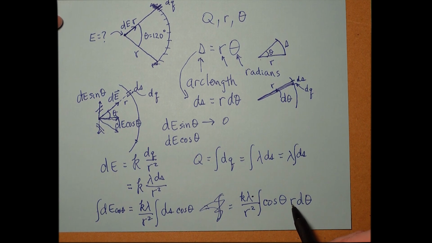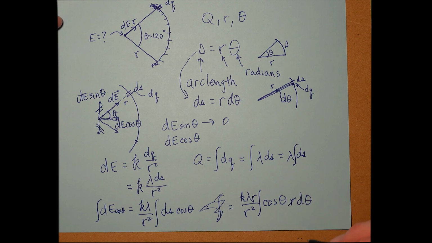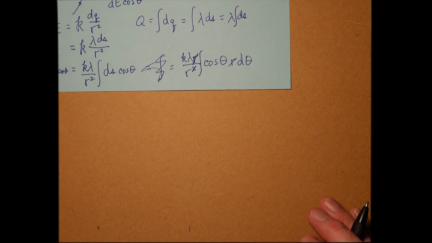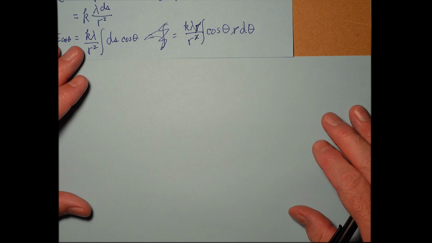This r, once again, is constant, so we can factor it out. That cancels, and it just becomes a regular r, a 1 over r. Okay, let's continue on now, and you are about to see that this integral is going to get really easy.